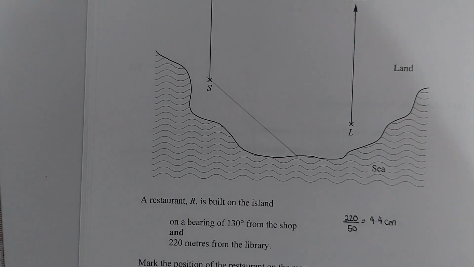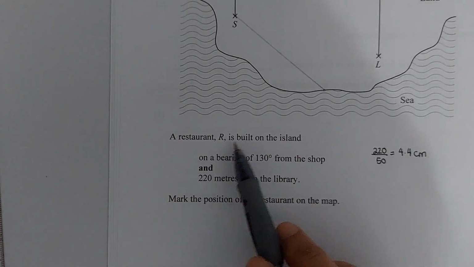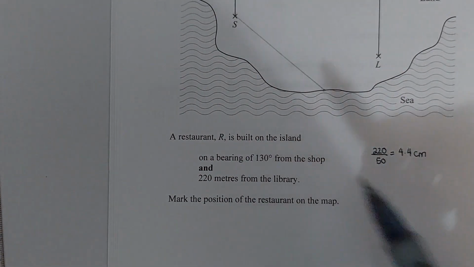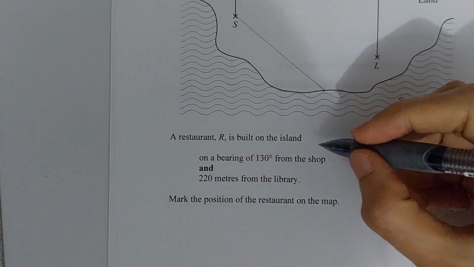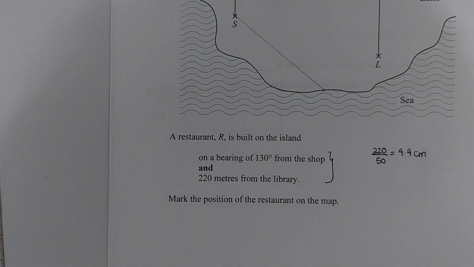Now, it says that the restaurant R is built on the island, and that restaurant will fulfill these two conditions. It should be on a bearing of 130 from the shop and 220 meters from the library.